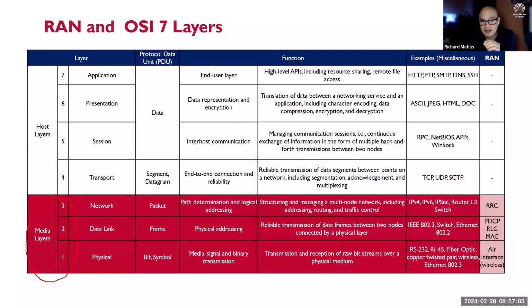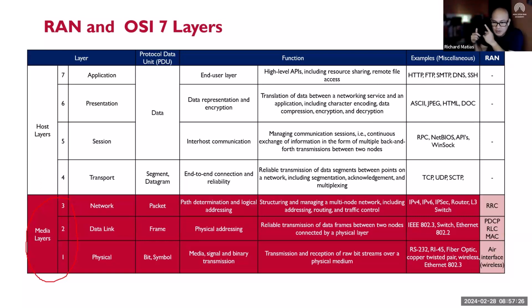Connection, the PDCP, the Packet Data Convergence Protocol, the Radio Link Control, the Medium Access Control, the Air Interface. So this is the journey of the data. For example, you would like to call somebody.